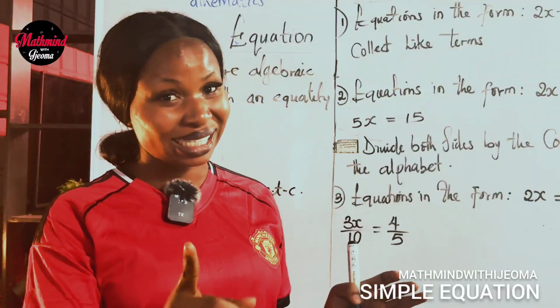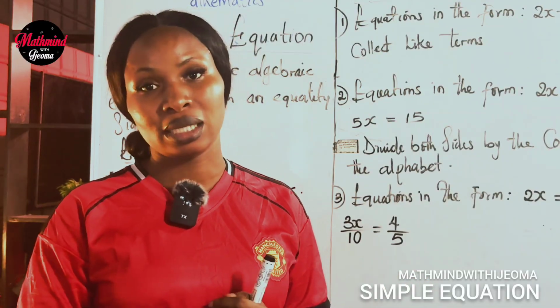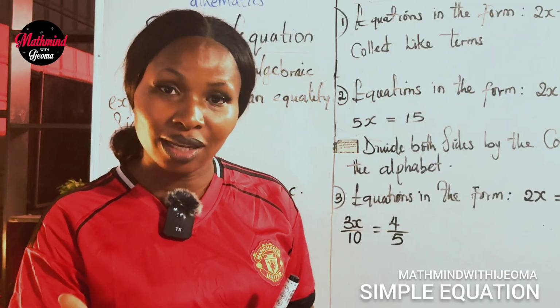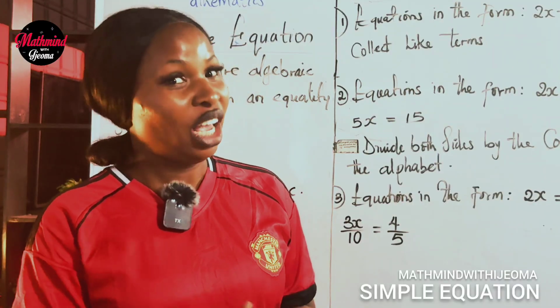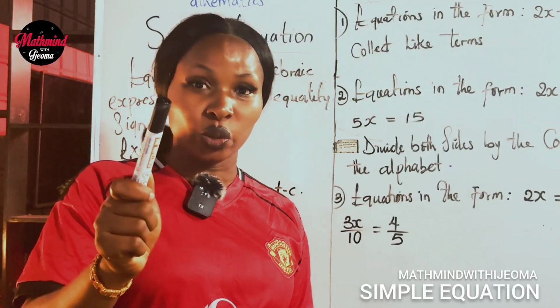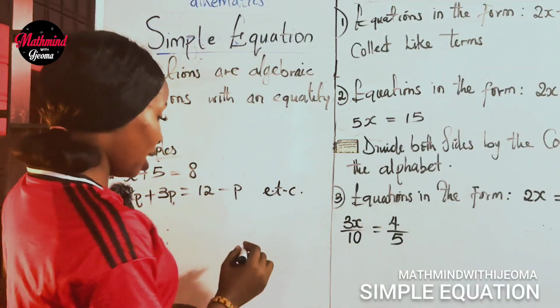What is a constant? A constant is a number without any alphabet. Why is it constant? It's because it can never change. Why can't it change? Because there is no alphabet there that you will find a value that will make it change.